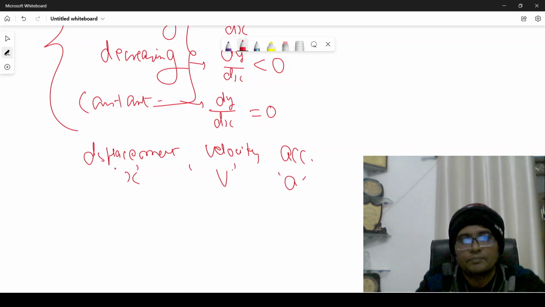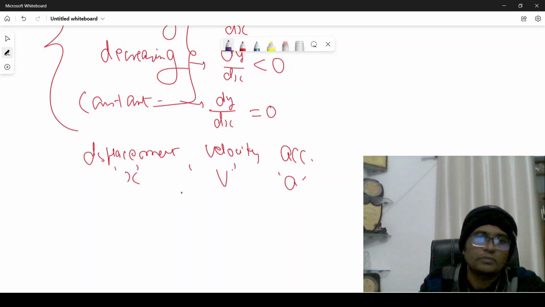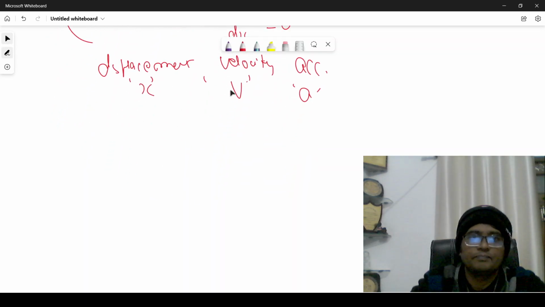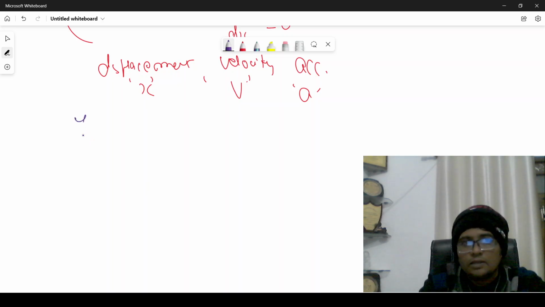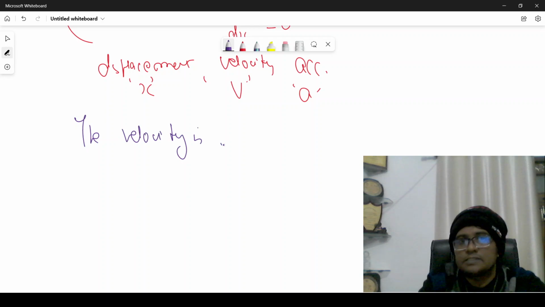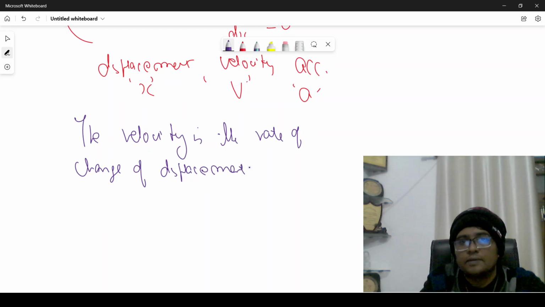I hope you might be knowing all these things: the velocity is what? The velocity is the rate of change of displacement with respect to time.